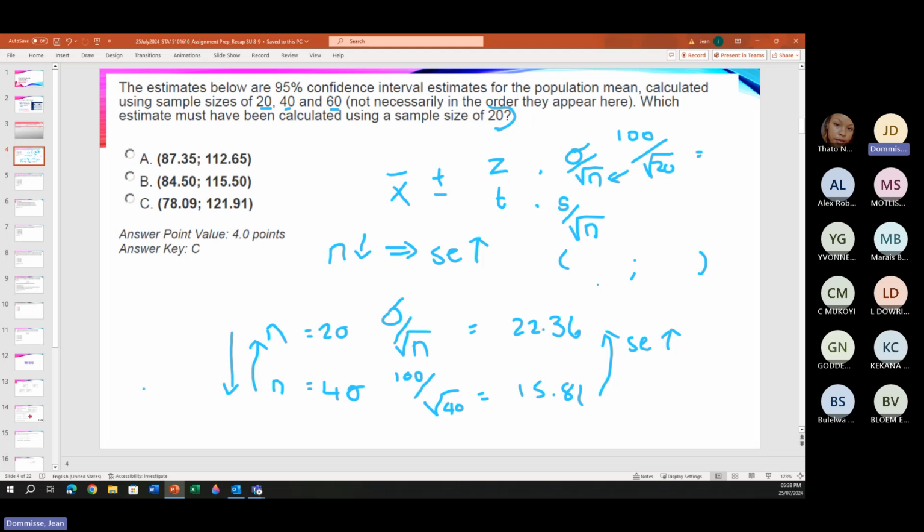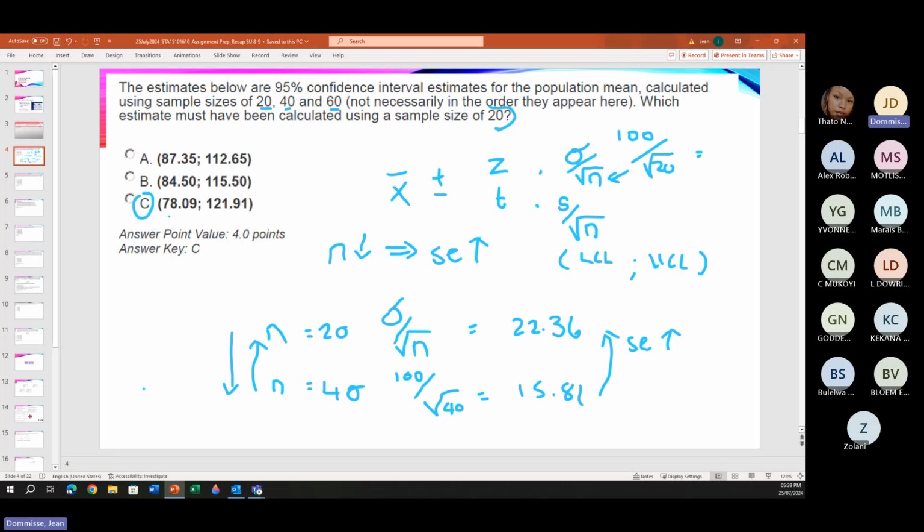So the one that has the biggest difference between the upper confidence limit and the lower confidence limit will be the one that is linked to the smaller sample size. If we then look at the options, the one that has the biggest difference between the upper and lower confidence limits is option C.